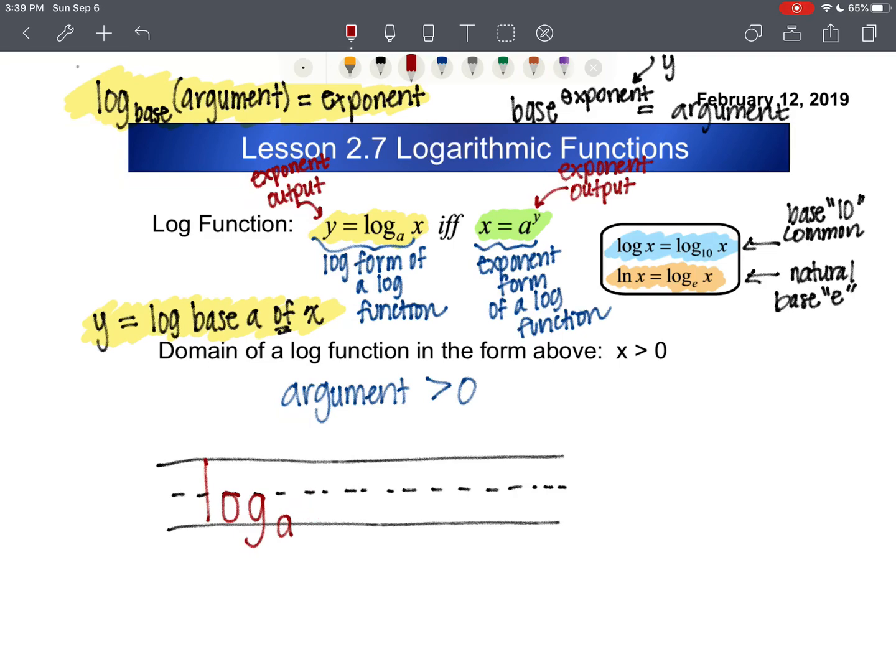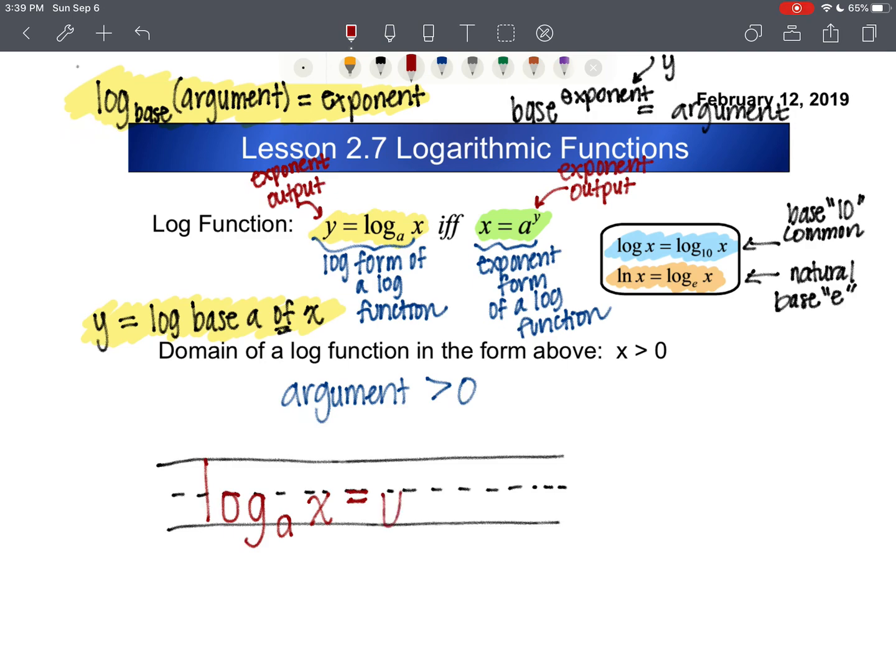Now sometimes I put the argument in parentheses, and then equals y. Let me do it without the parentheses here so that you can see that.